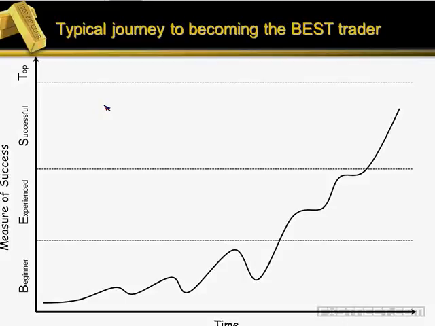Or the next level is someone who's experienced, has seen a fair amount of success in a demo account, whatnot. You may or may not have a live account, or if you have, you're not as successful in a live account. In the successful category, you are successful. You pretty much got it. You've doubled your live account in less than 6 months or so, and you keep doing that.